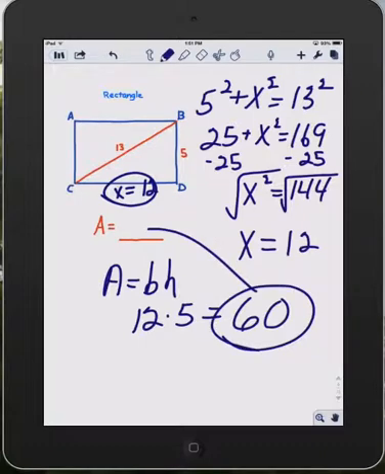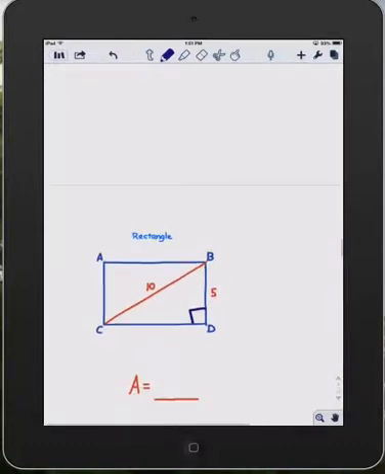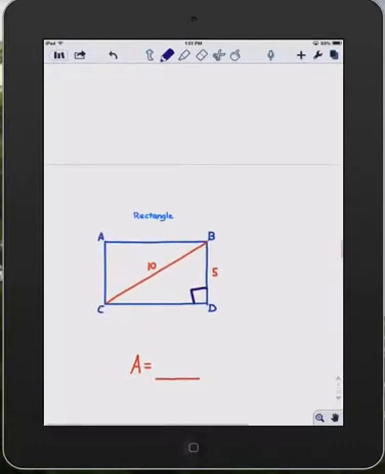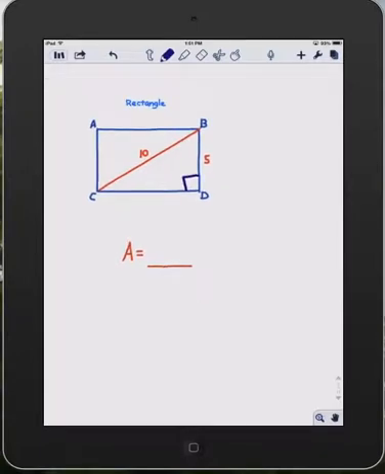Next problem. Very similar to the previous one, we have a right triangle within the rectangle, so we can solve for x first. We have 5 squared plus x squared equals 10 squared. Now if you recognize it as a 30-60-90 triangle, that's great. It saves you some time and effort. If you're not sure, you just use the Pythagorean theorem as I'm doing.